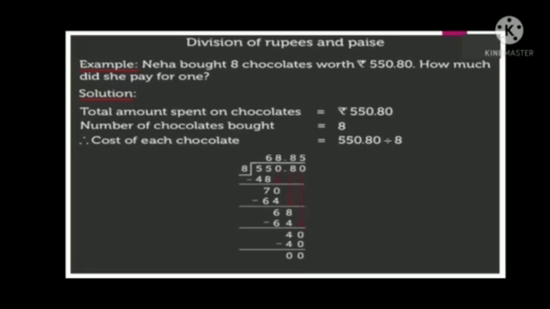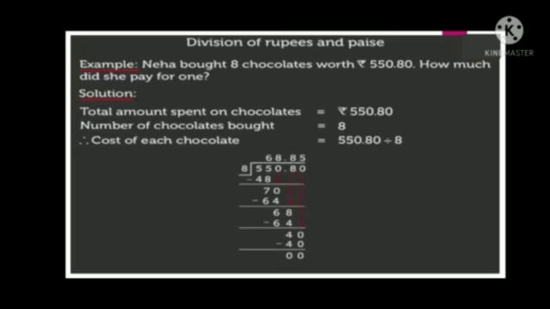So we will take 8 6 are 48, and after that we have to subtract 48 from 55, so we'll get 7. Then we will bring down the next digit 0, so it will become 70. Then again we will count the table of 8, and we get 8 8s are 64, which is less than 70. So we can subtract. After subtracting we get 6.